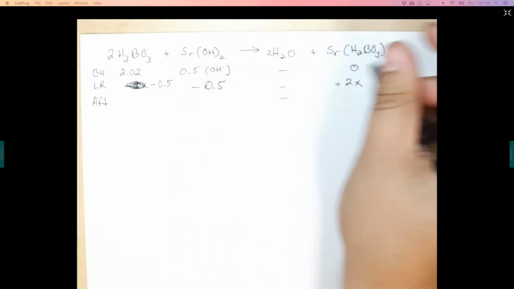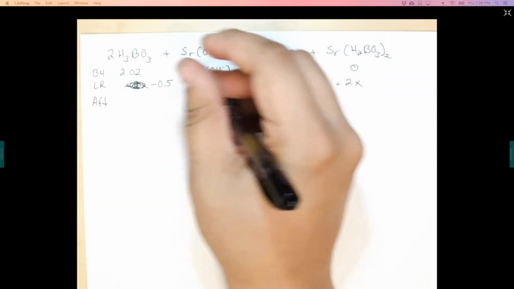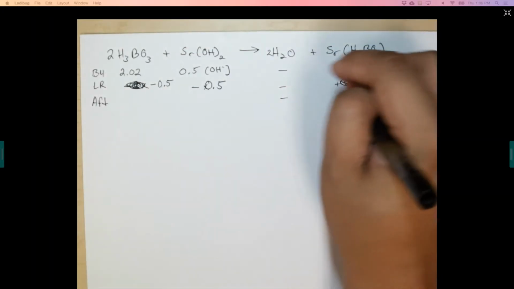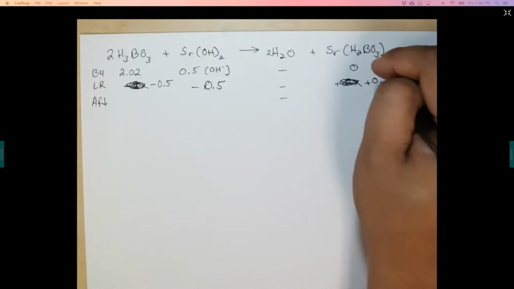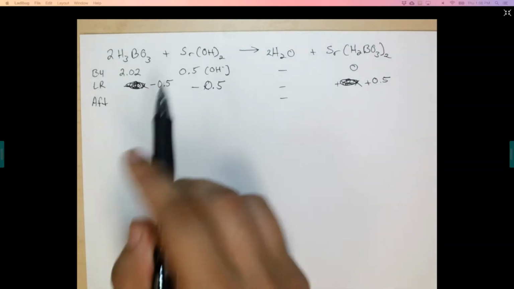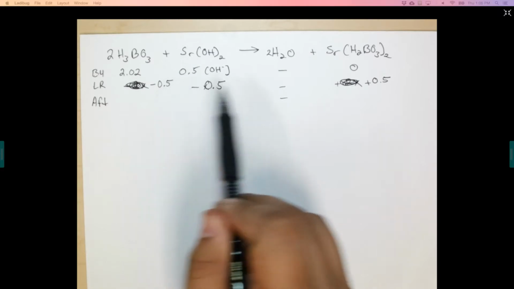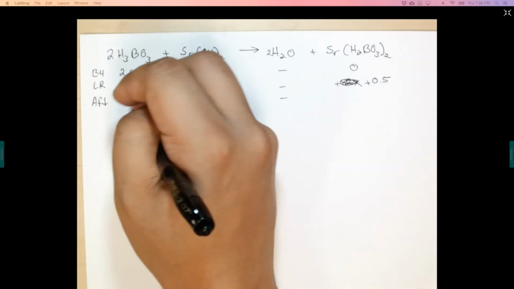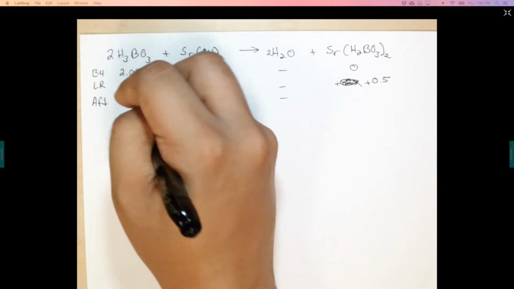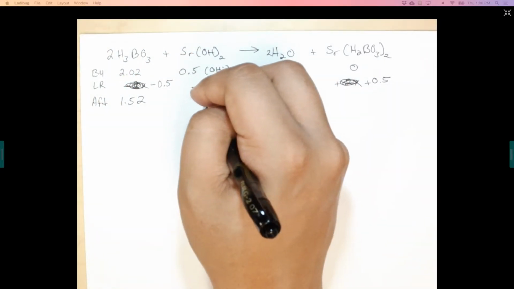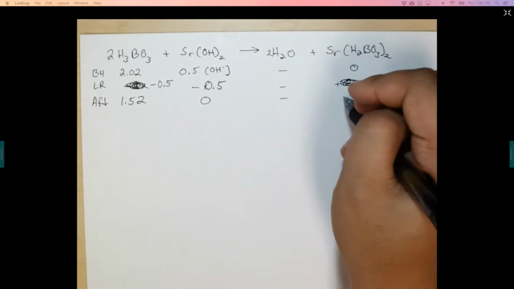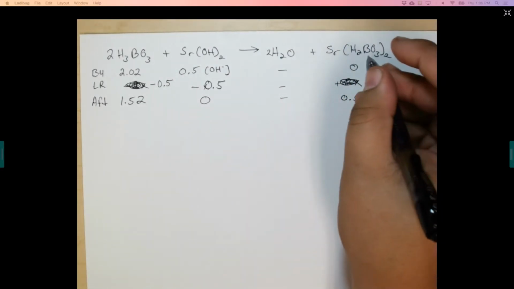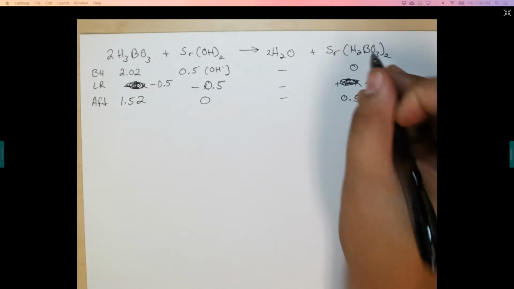Remember, because X in these cases are the moles of strontium hydroxide, and then this is plus 0.5. You can do the stoichiometric calculations to determine that, but that is what we are losing, right? We are losing this amount of moles. So here we have 1.52, which is left over. We have no strontium hydroxide, and we have 0.5 moles of the conjugate base, which is what we're interested in.